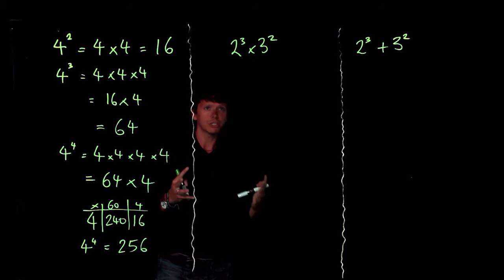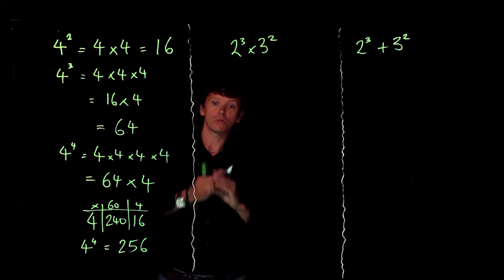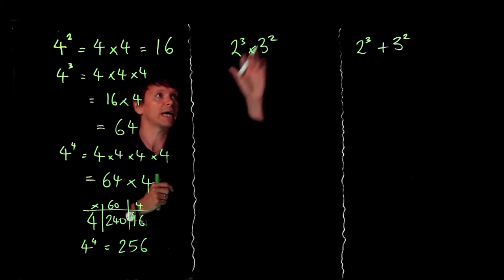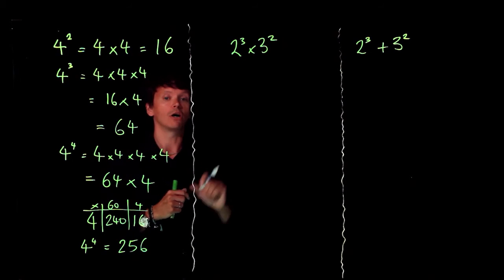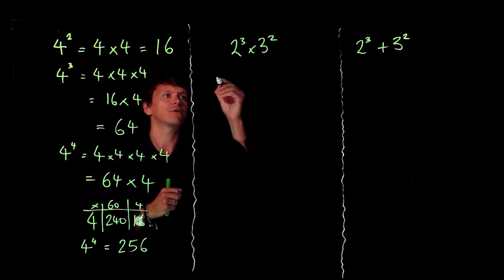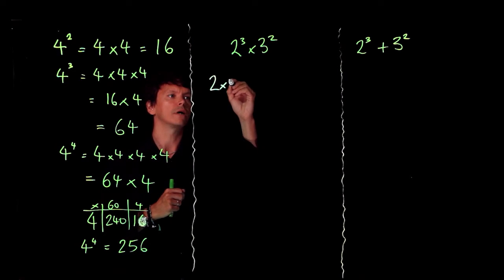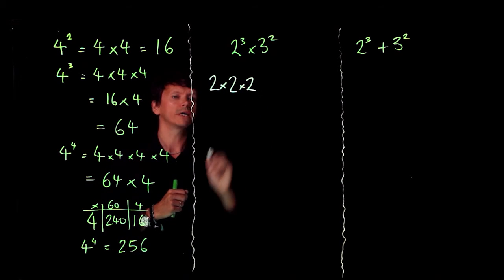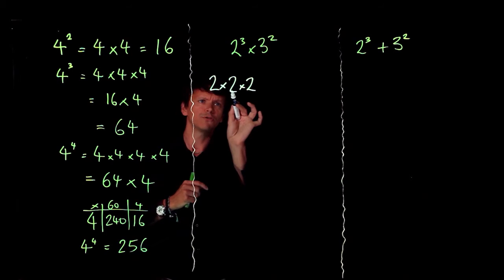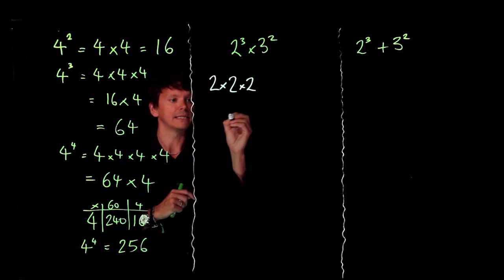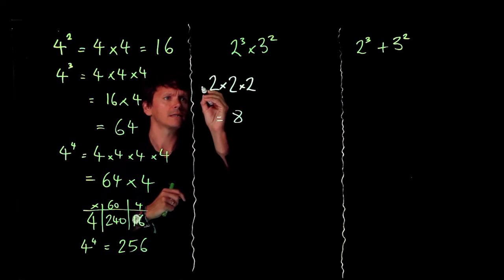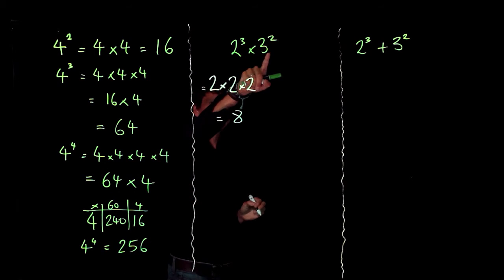There's no magic really. We just need to what's called expand these numbers to work out what each of these two terms is. So 2 to the power of 3, that's 2, times by 2, times by 2. 2 times 2 is 4, times by 2 is 8. Equals 8.